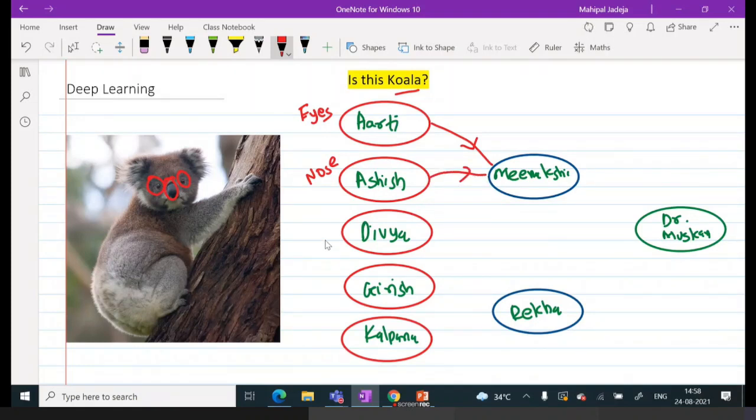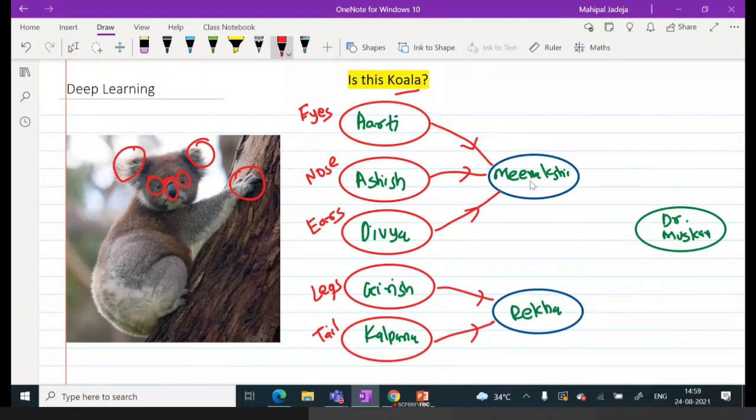Similarly, Divya will focus on ears and report to Minakshi, and Girish will focus on legs and Kalpana will focus on tail, and Girish and Kalpana will report to Rekha, right? And Minakshi and Rekha.